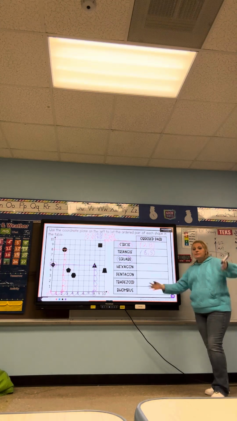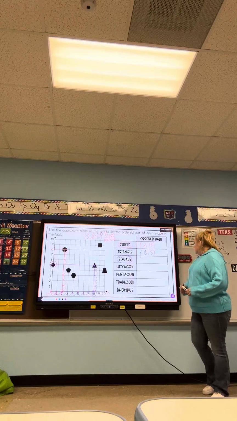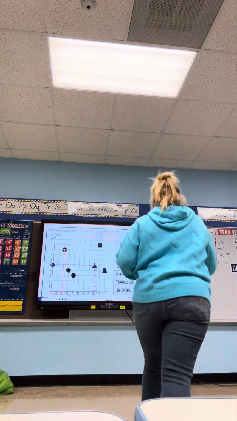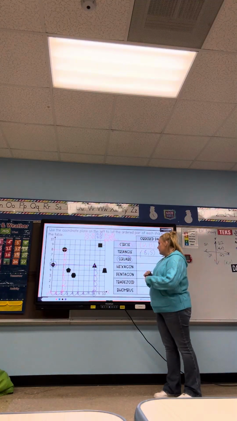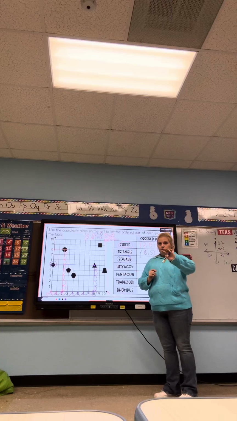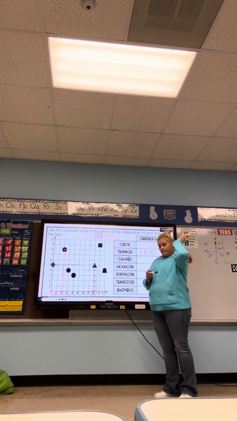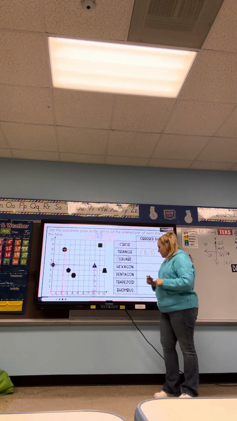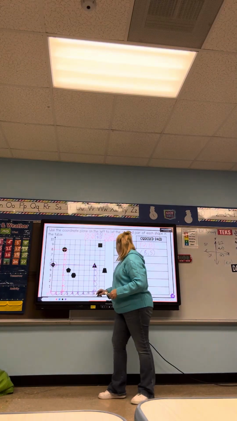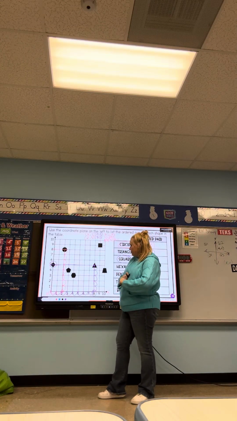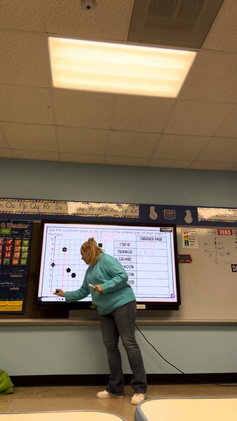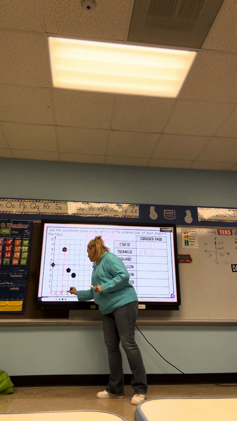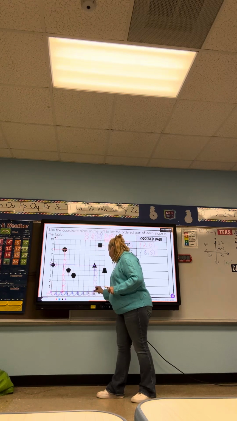All right, time's almost up. Okay, I'm going to stop the timer. Raise your hand. How many times did we go over for the square? 9. Okay, let's count. 1, 2, 3, 4, 5, 6, 7, 8, 9.